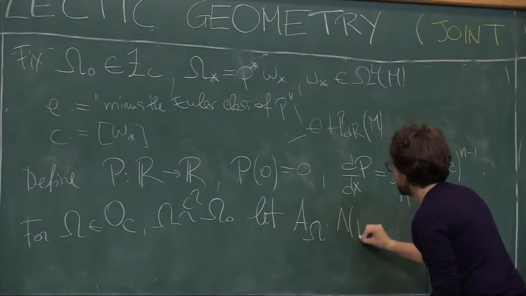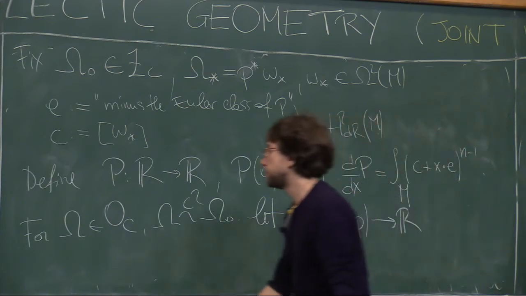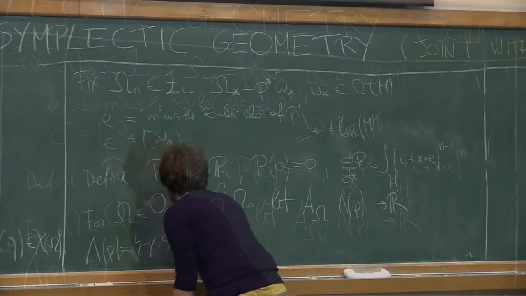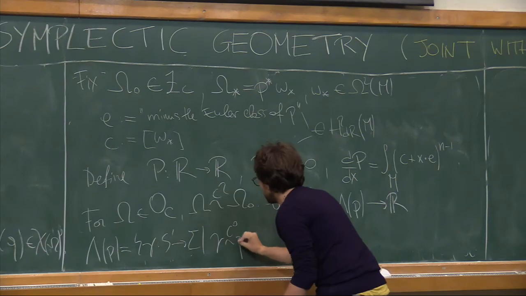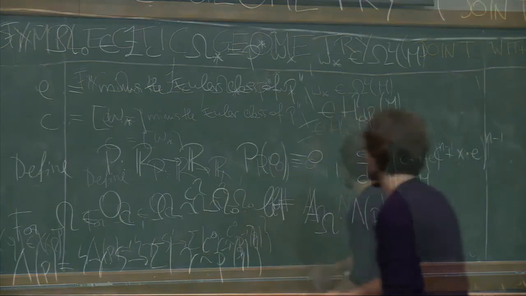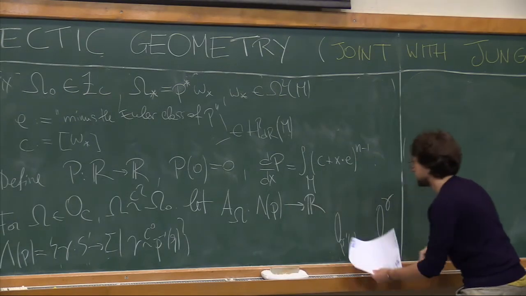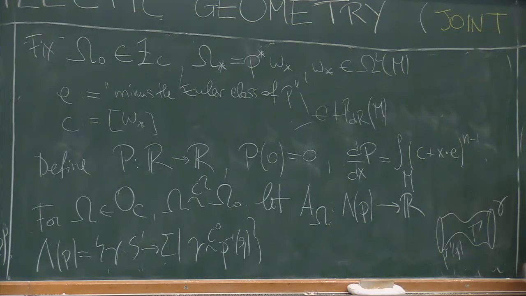This will be defined on a space of loops, lambda p, into R, where lambda p are just the loops which are C0 close to some fiber over Q. So we are going here to look at a neighborhood of the fibers. Now, here I have my gamma, and here I have my P inverse of Q. These are C0 close, and therefore we can also find a cylinder, big gamma, between these two orbits.